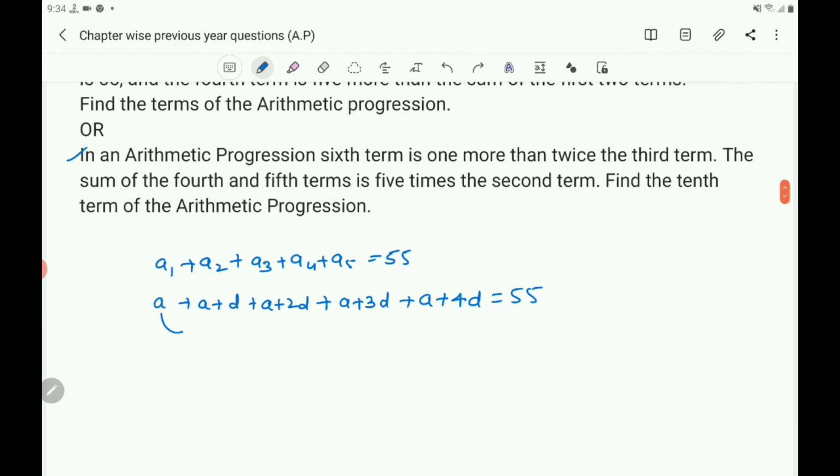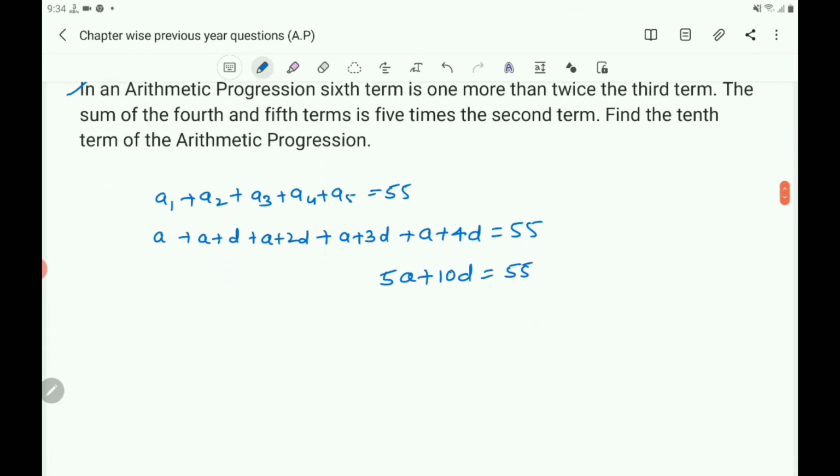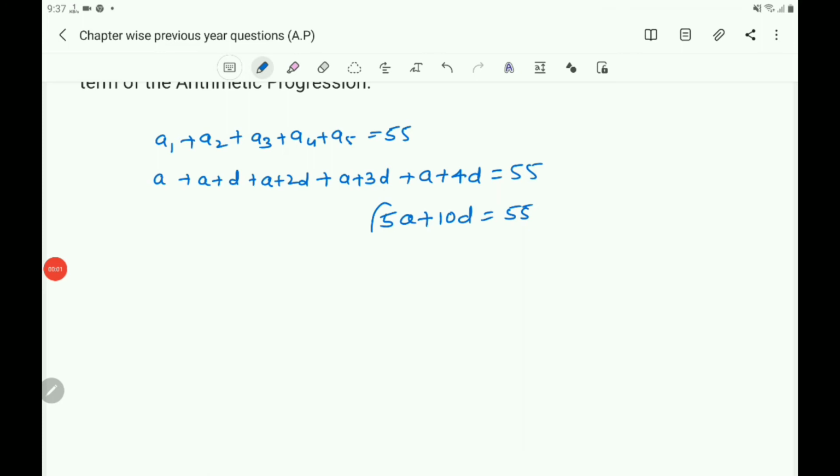Then there are 5 A's, so write 5A. And D plus 2D plus 3D plus 4D is 10D. Then it is 5A plus 10D equals 55. So you can remove 5 as a common factor.